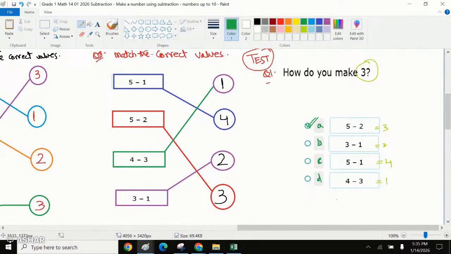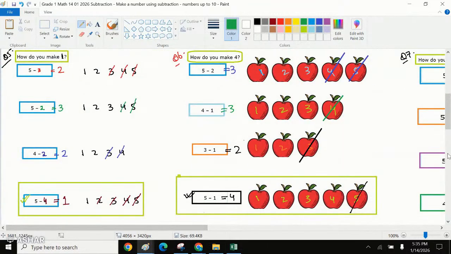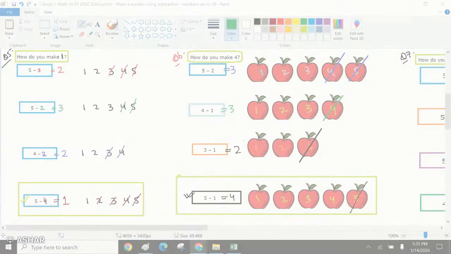Okay. Thank you. Let's try some more questions. The second question from the test would be, this was 5 minus 2. Okay. The next question, question number 2, I would not realign this. I'll just leave it as it is.